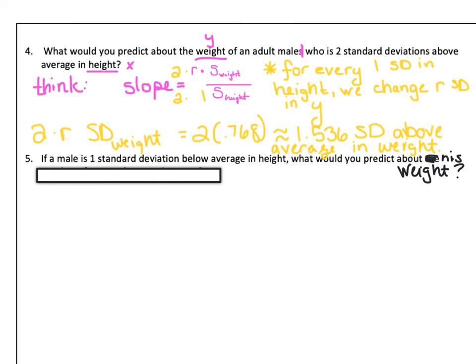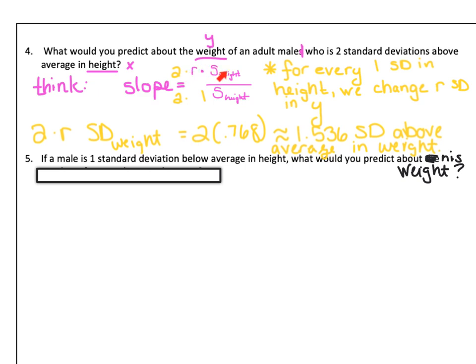Number 5 is asking something similar. If a male is 1 standard deviation below average in height, what would you predict about his weight? So similarly, if he is 1 below in height, his weight is going to change by r standard deviations.